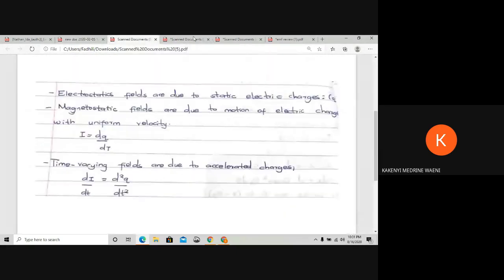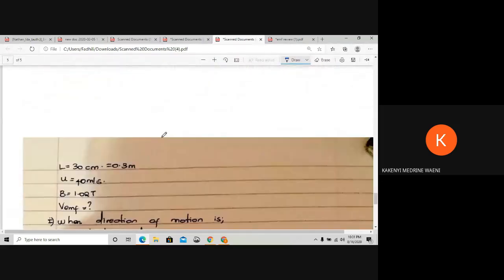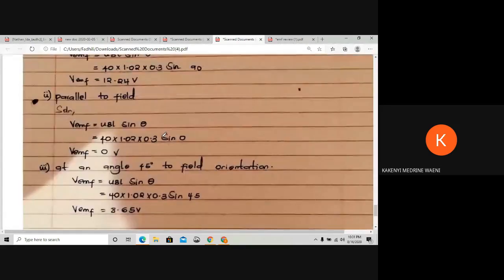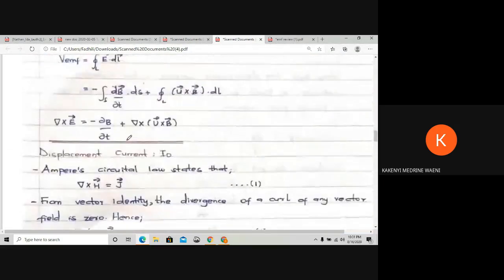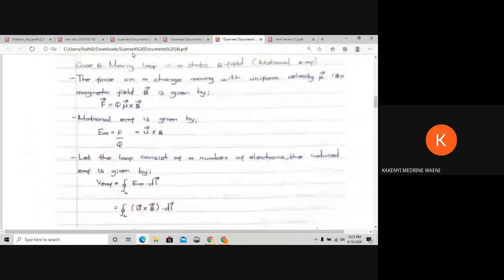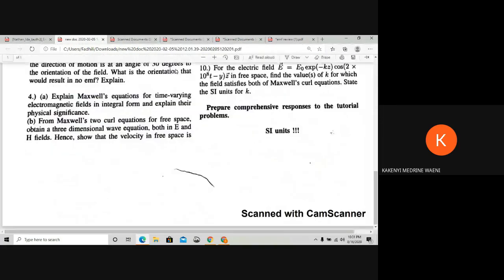And for the electric field, I haven't scanned it, but same process.